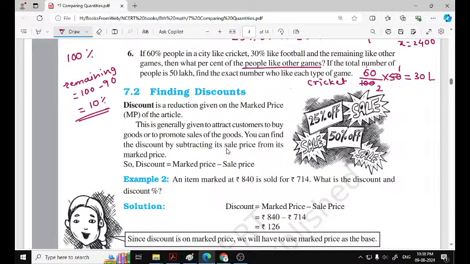Also 30% like football. So for football, 30% of 50, and whatever the answer is, it is in lakhs, that is 15 lakh. These are 30 lakh and 15 lakh, that total is 45 lakh. So 5 lakh people like other games.